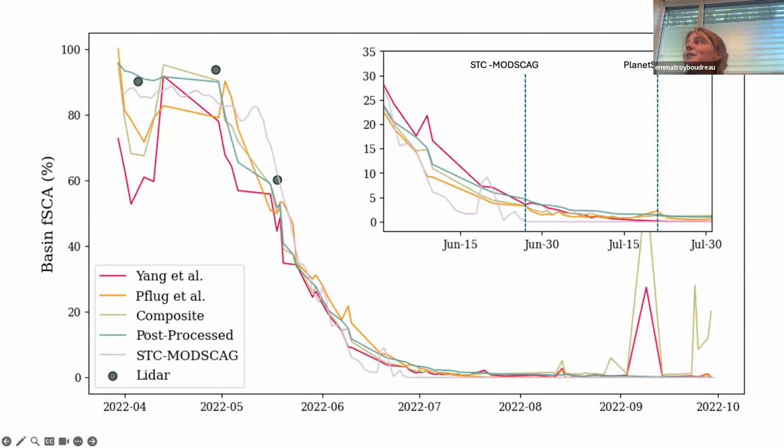And if we care about the end of the season, these late snow piles, we can look at when the snow disappears. Our coarse product is actually saying that snow disappears about a month earlier than our fine resolution product, which in that case is not showing these late season snow piles that are important for the meadow.